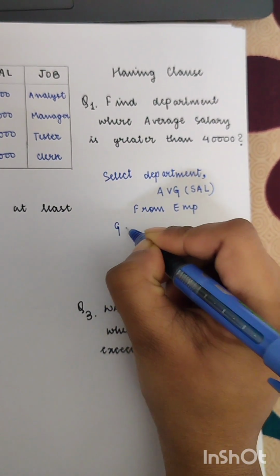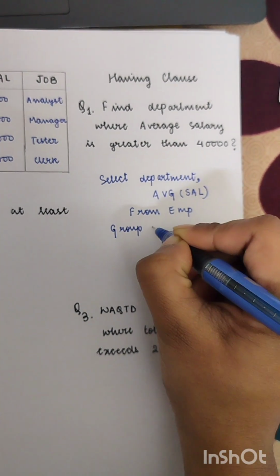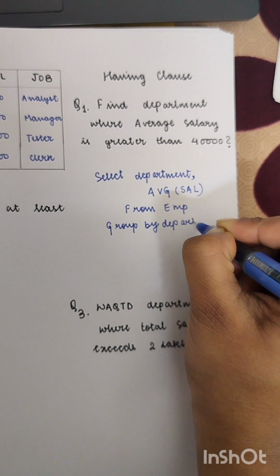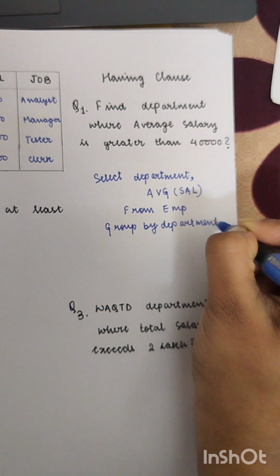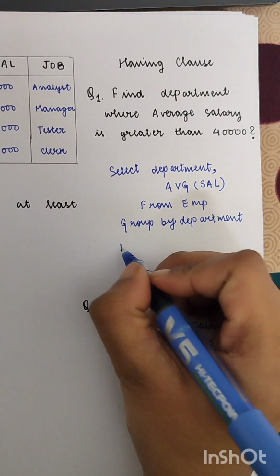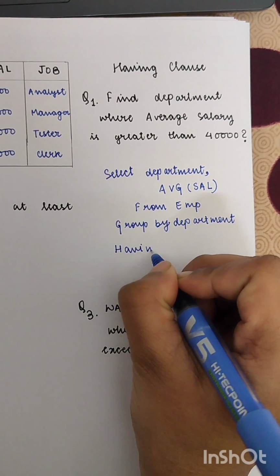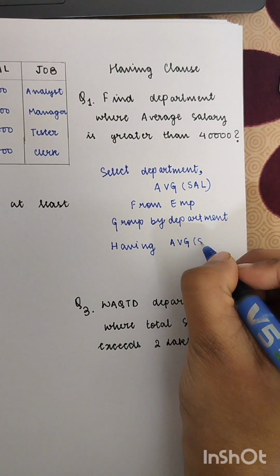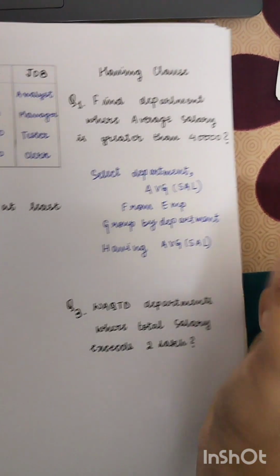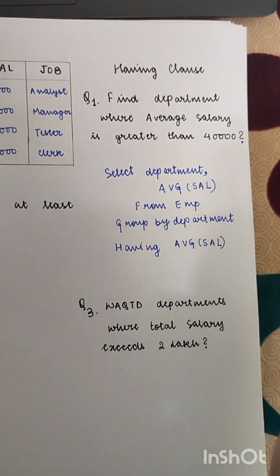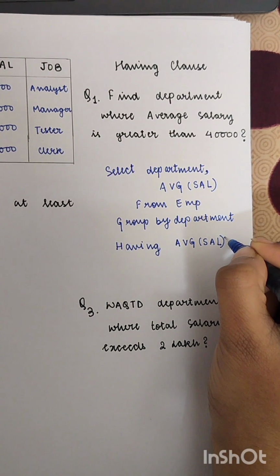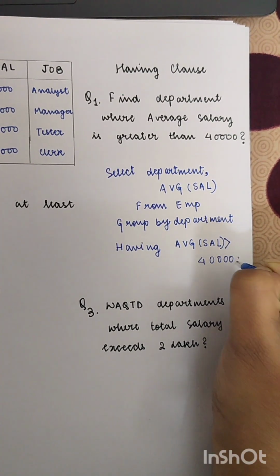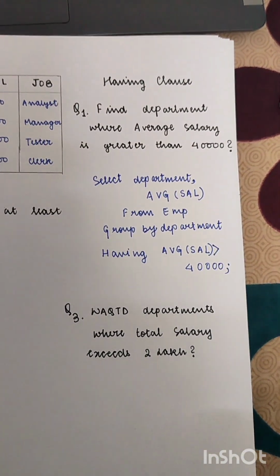So group by department. Now for aggregate function, we have to use having. Now we want average salary greater than 40,000. So we will do greater than 40,000. So yeah.